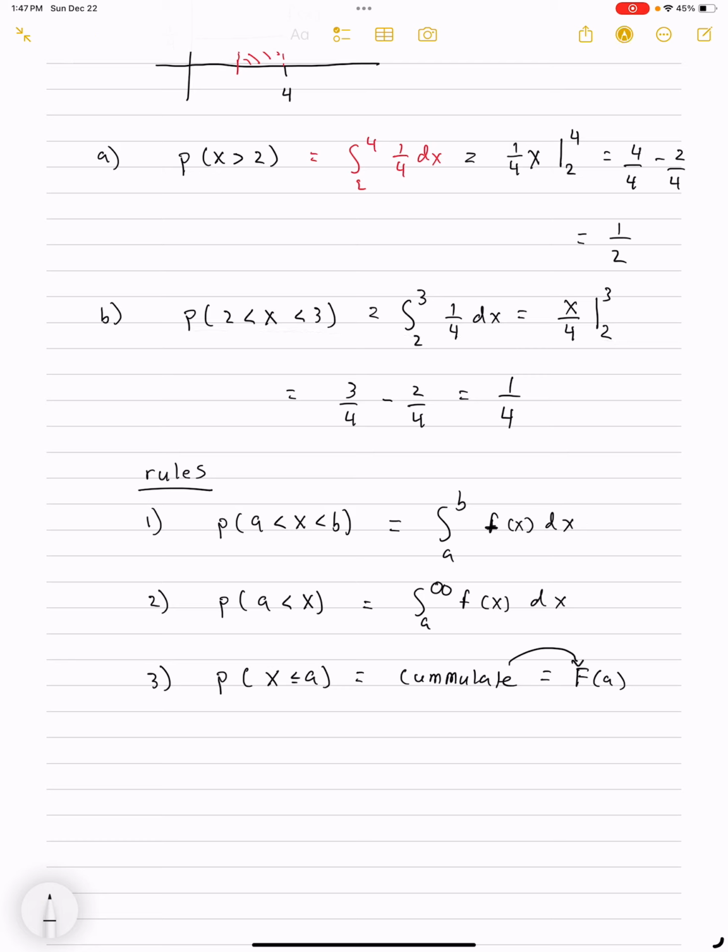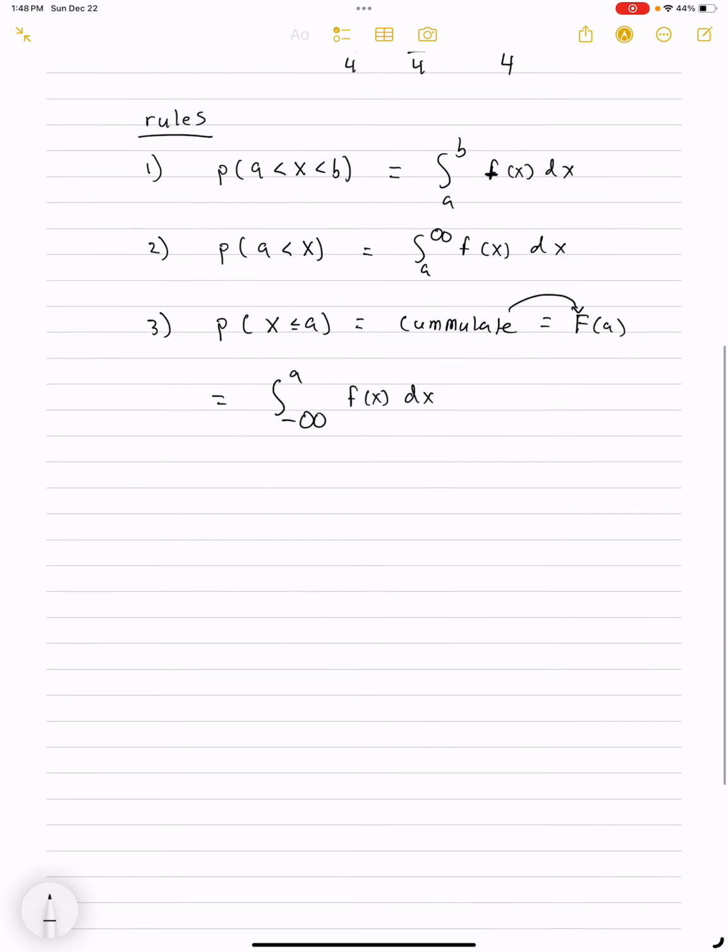Okay? And its definition is the probability x is less than or equal to a, and this is going to be the integral from minus infinity to a of f of x dx. The main thing I wanted to communicate were these three rules, and then one more.